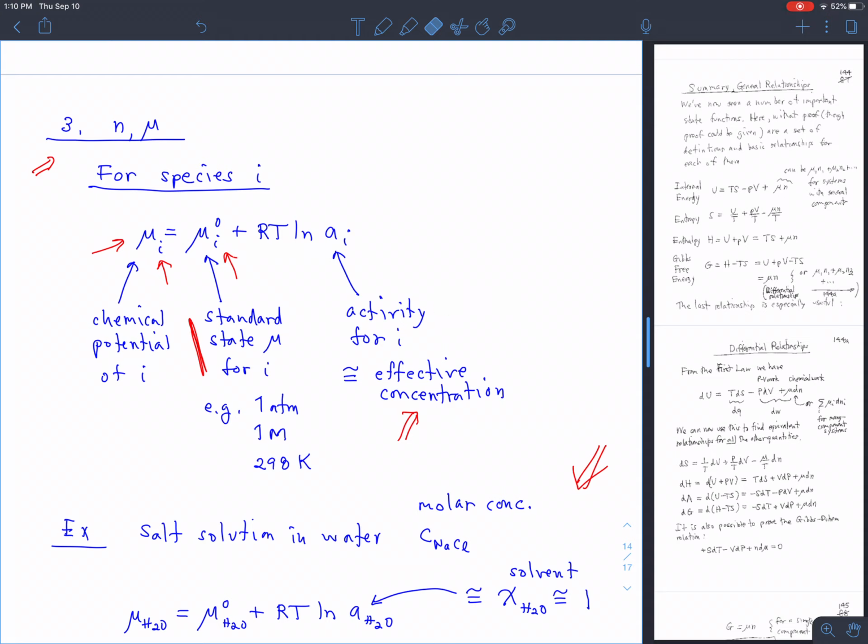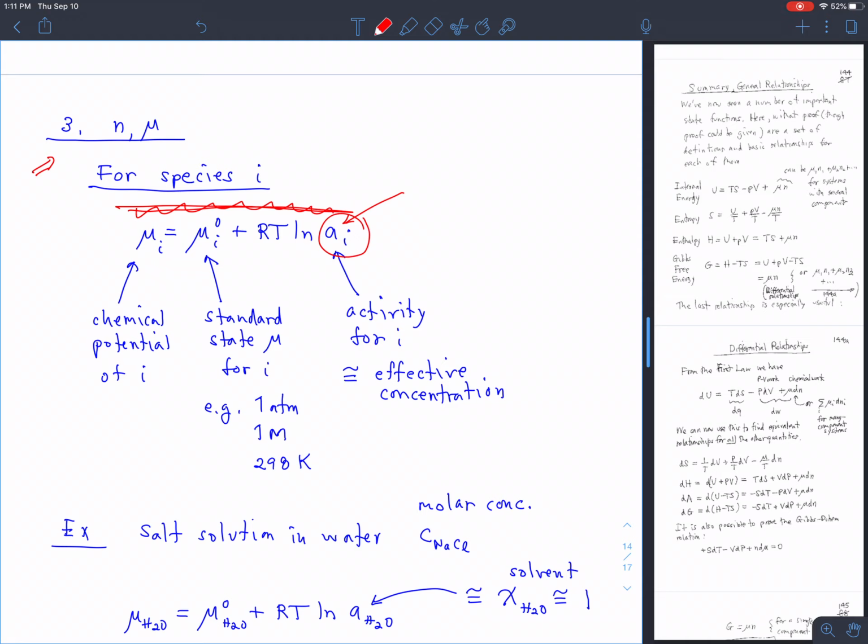But let me emphasize right at the beginning that putting this sort of vague quantity called activity in there is a way of making this expression valid for a whole bunch of situations where maybe it wouldn't otherwise be valid. Basically, we're free to fool around with the definition of this activity in order to make this overall expression at least approximately valid.